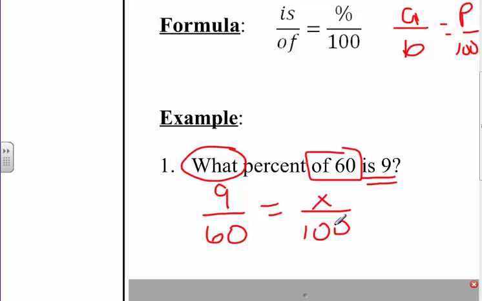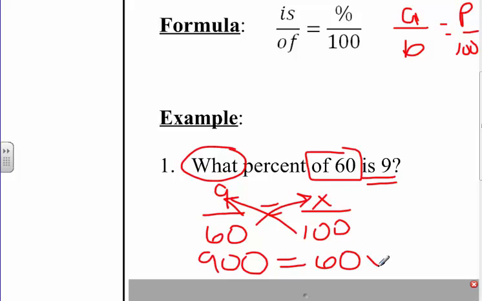Then you cross multiply and solve. So now we're just using the same techniques we used with solving proportions. So 9 times 100 is 900 equals 60 times x. And you divide both sides by 60.